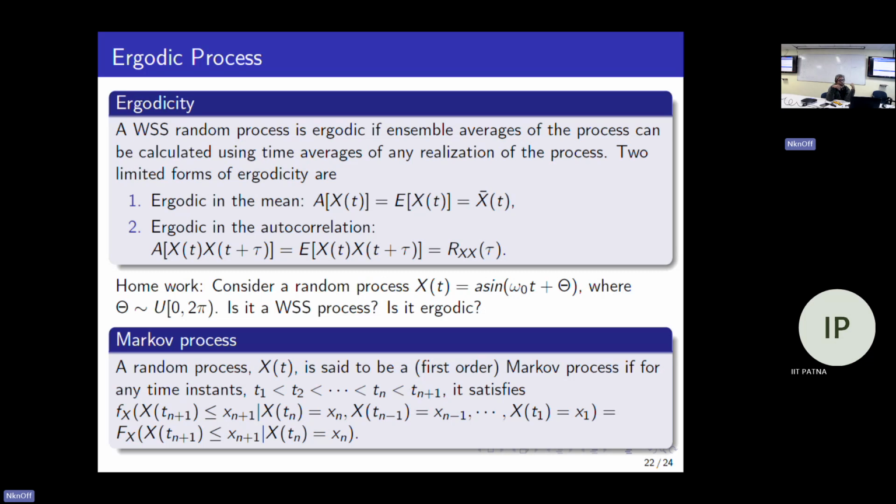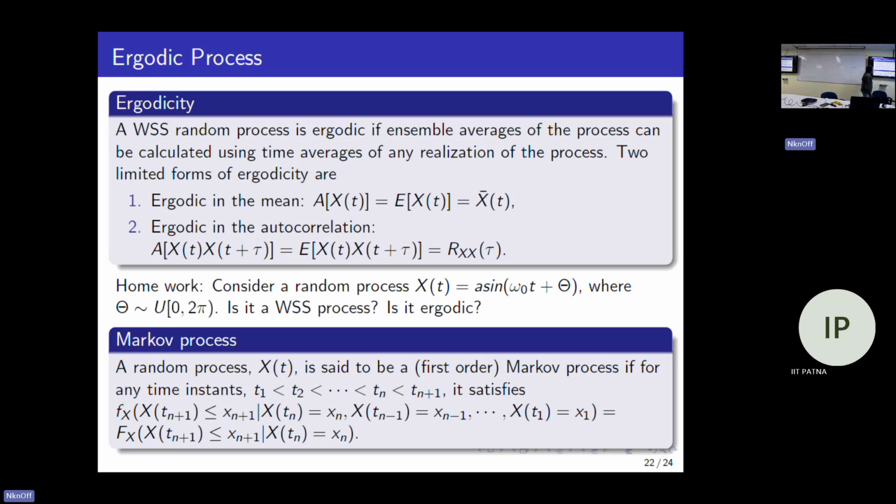Okay, so what is a Markov process? Suppose we have a random process x(t). It is said to be first order Markov if the density of x(t_{n+1}) given x(t_n) is the same as the density given all the previous values x(t_n), x(t_{n-1}), down to x(t_1).